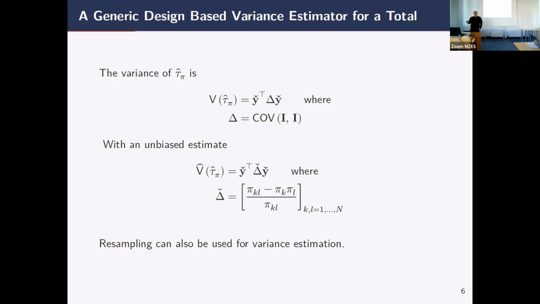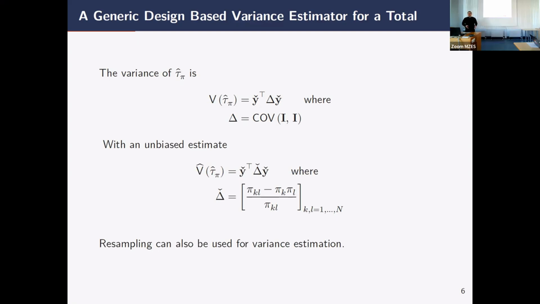Okay, how do I estimate this? I divide that covariance matrix by the second order inclusion probabilities. So that's how the covariance looks. Each element of the covariance matrix here in this delta has this form. You have the second order inclusion probabilities minus the product of the first order inclusion probabilities.